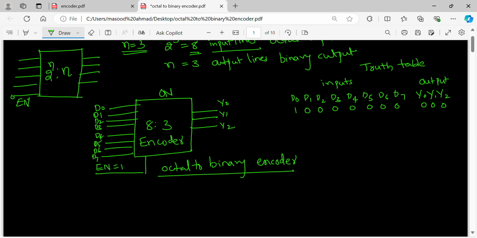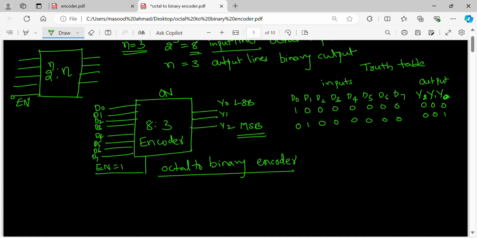When the input is 0, 1, 0, 0, 0, 0, 0, 0, the output will be 0, 0, 1. Y0 is the LSB and Y2 is the MSB, so we need to take care of that.